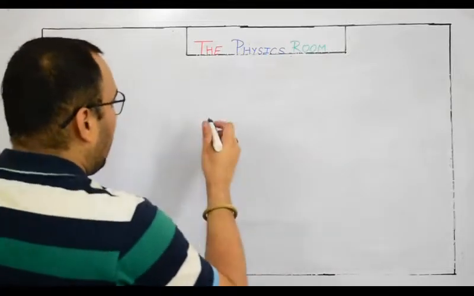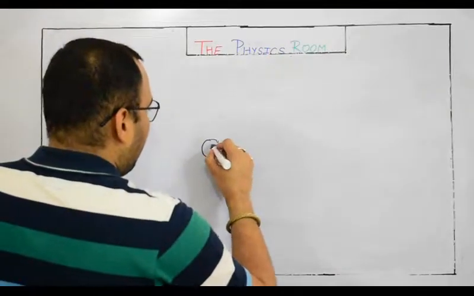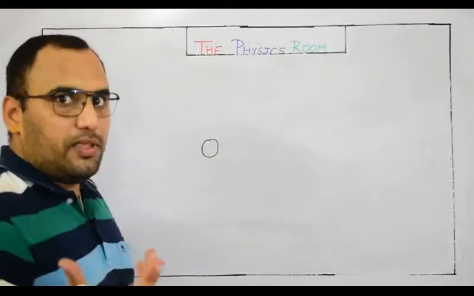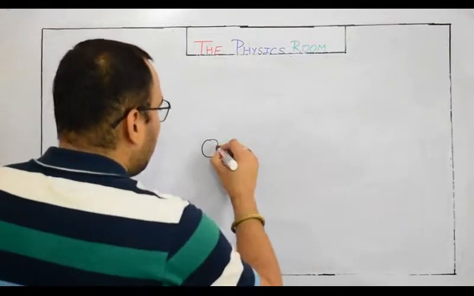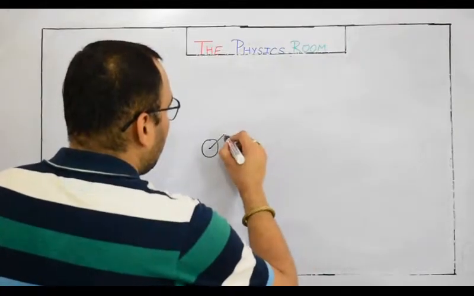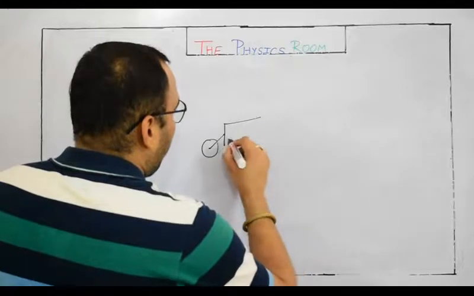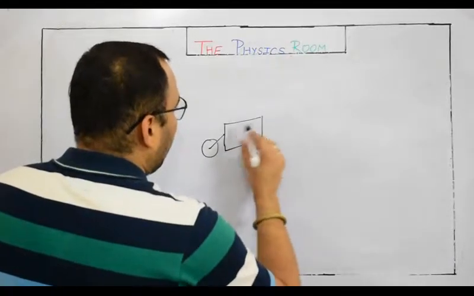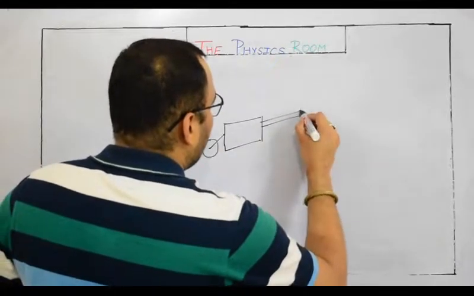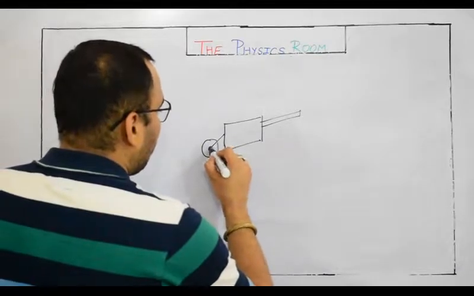So in a wheelbarrow, it's some kind of a dumper, through which we can dump the waste. I'm not exactly plotting it. It should look like this, right?